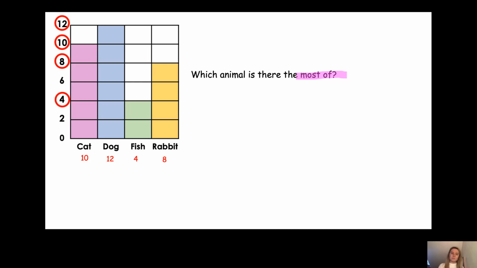Is it 10, 12, 4 or 8? Oh yes, it's 12, isn't it? 12 is greater than 10, 4 and 8. Now, which animal is 12 looking at? Yes, it's the dogs, isn't it? So therefore, there are the most dogs in the shop out of all of the other animals.